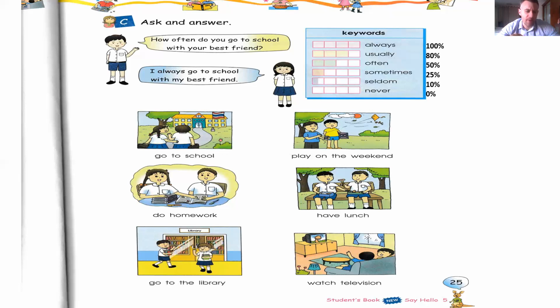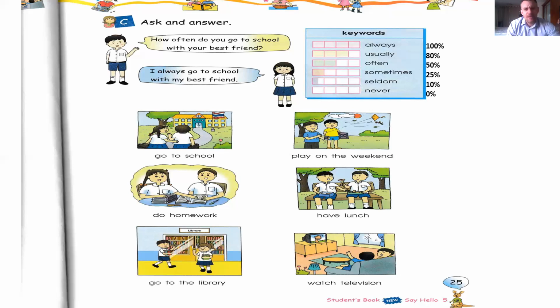Go to the library. Here, maybe some students will go to the library every day, but I think that now with internet, we sometimes go to the library, or maybe seldom go to the library. And watch television. I think here most of the people will answer usually or maybe always.